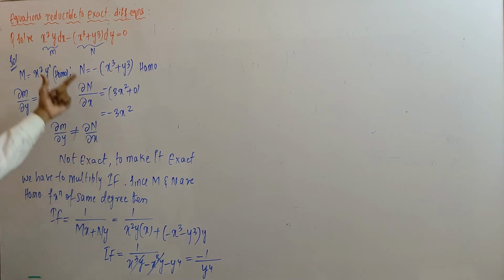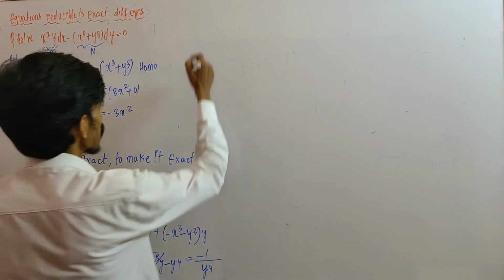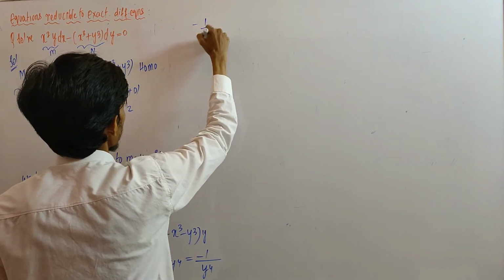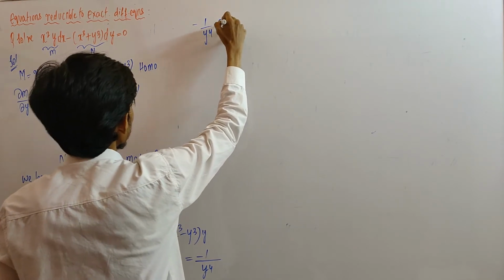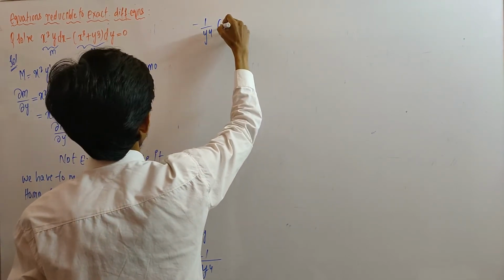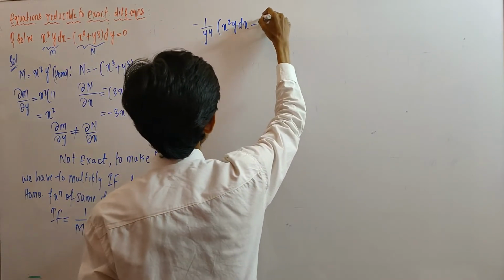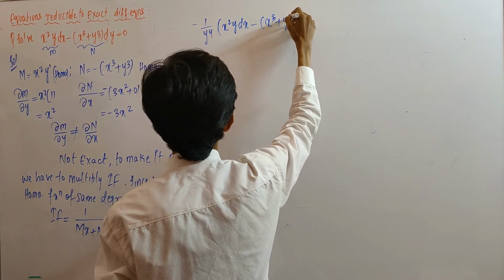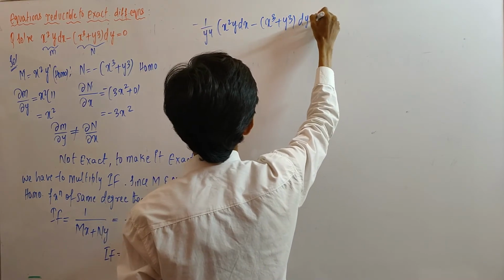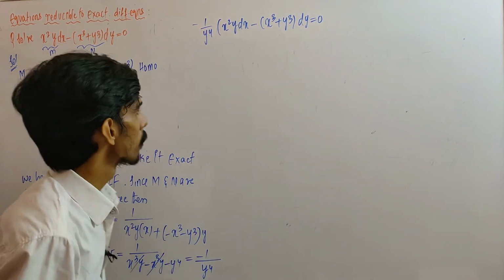Multiply this integrating factor to the given equation. So it will become minus 1 by y power of 4 into, here we have x square y dx minus (x cube plus y cube) dy is equal to 0.